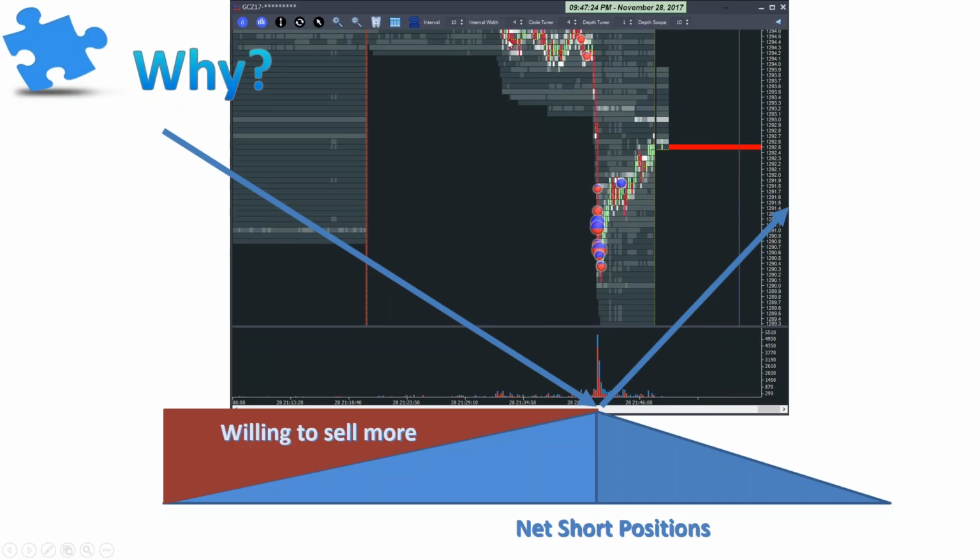So as a market moves down, we've got here from left to right, market moving down, the number of short positions is going to increase as we move down. At the same time, the number of people willing to sell more contracts decreases, because basically people have had their fill. They've built the position size they're comfortable with.